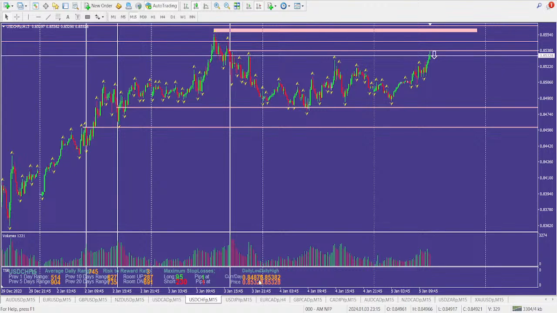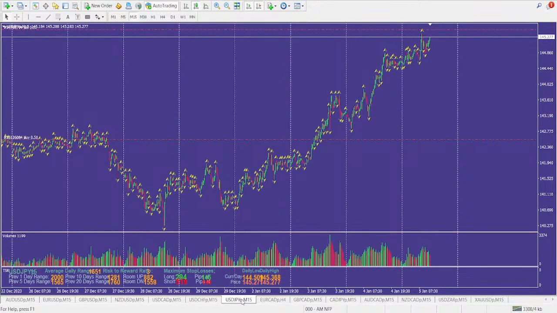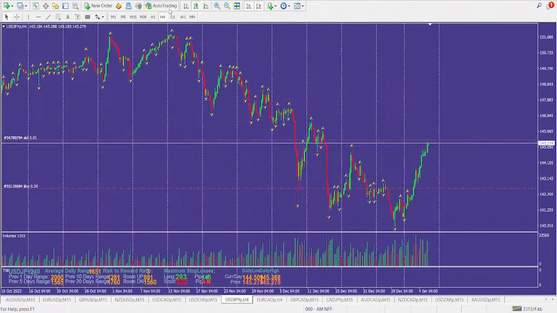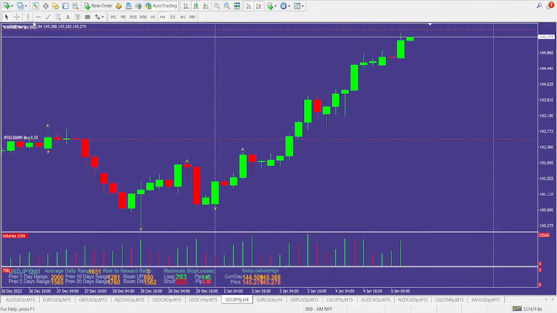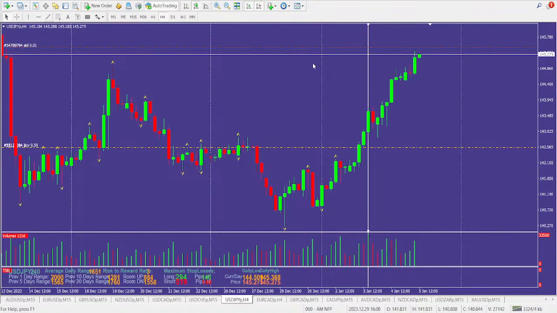Now USDJPY. Right, USDJPY starting on the 4-hour time frame. We've got a potential possible demand level over here on the 3rd of Jan.